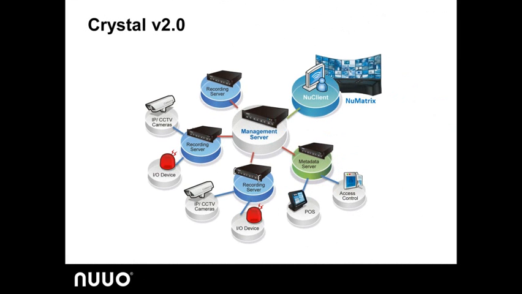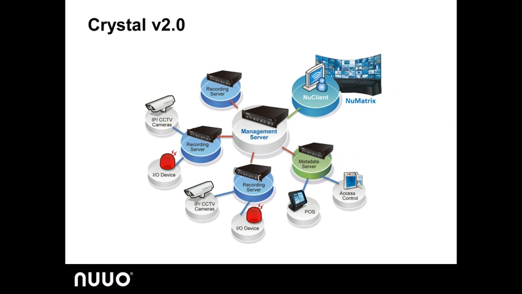Okay, so this is the system topology of Crystal 2.0. As you can see, we have a recording server which we use to connect to the cameras and the I/O devices.